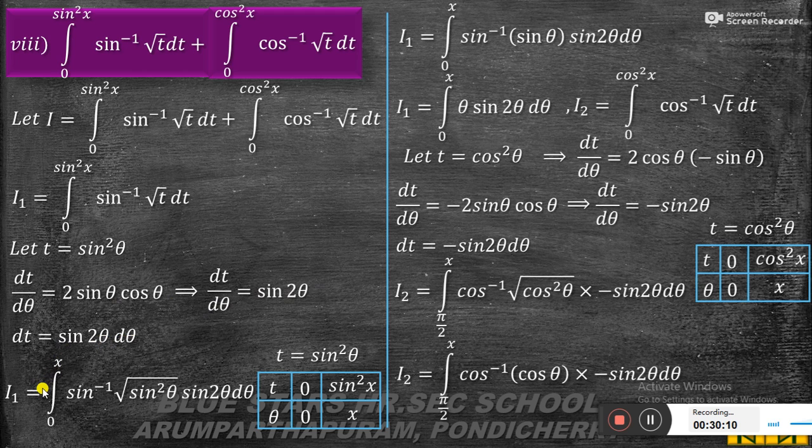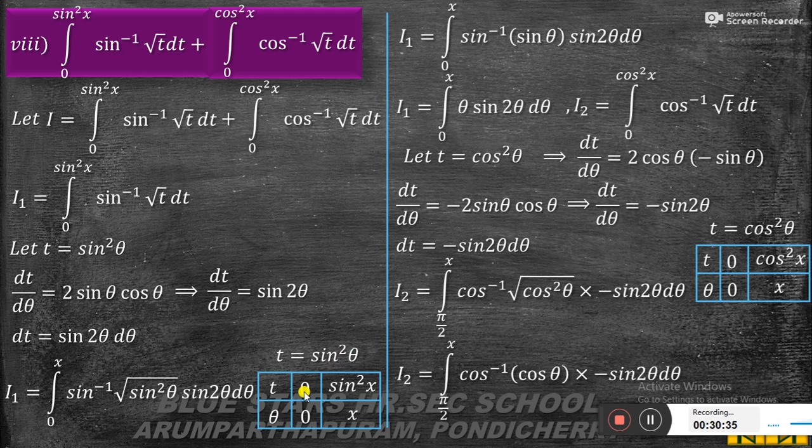Therefore we write I1 equal to integral, here sin square x, the sin square x I take as t. First we find out the limit. The t limit is 0 to sin square x. Now we write the limit for theta. Here I write the function t equal to sin square theta.